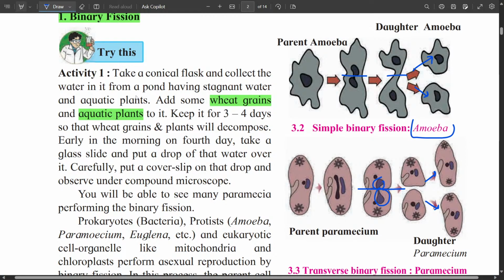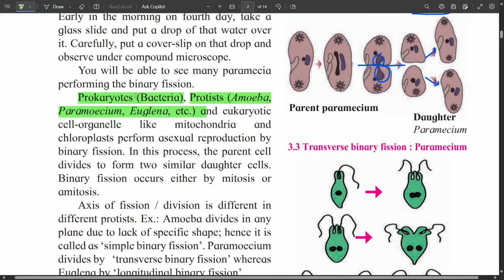So this binary fission is done in prokaryotes like bacteria, then in protists like amoeba, paramecium, euglena, and eukaryotic cell organelles like mitochondria and chloroplast. They perform this asexual reproduction by binary fission.